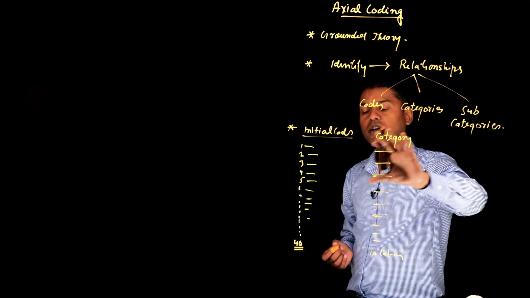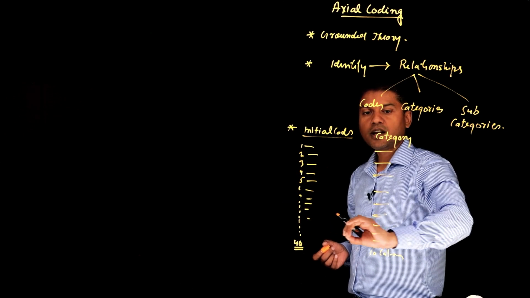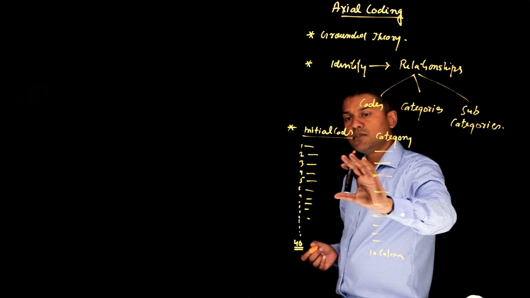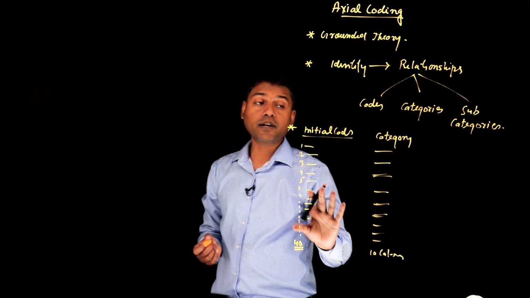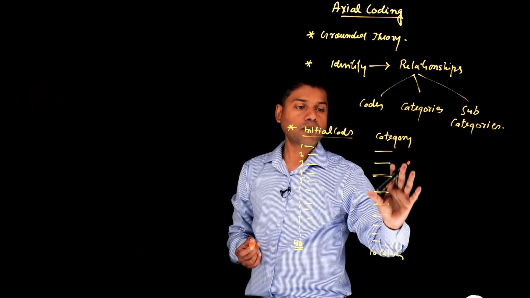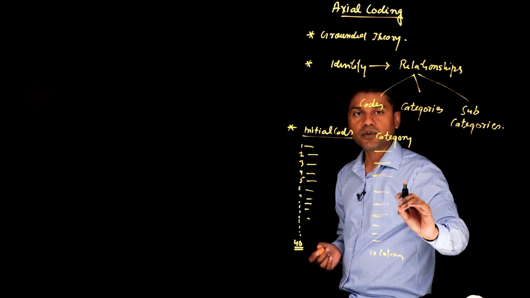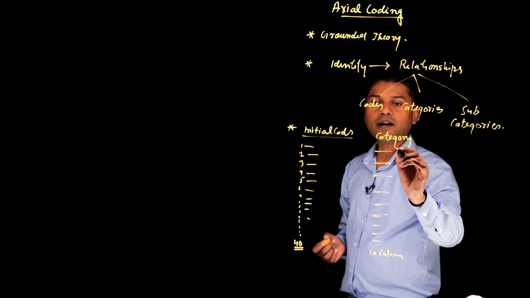So now you have your initial codes, which are very large in number, and then you try to merge some of the codes and maybe categorize those codes based on certain themes or categories. Then you have a relatively smaller number of codes, and you call them categories.